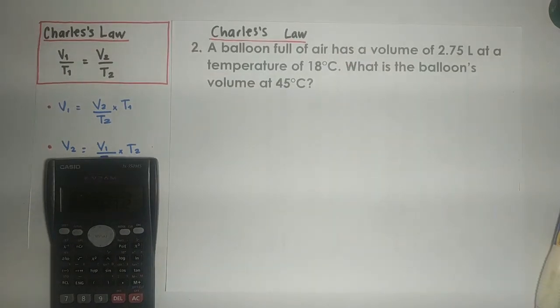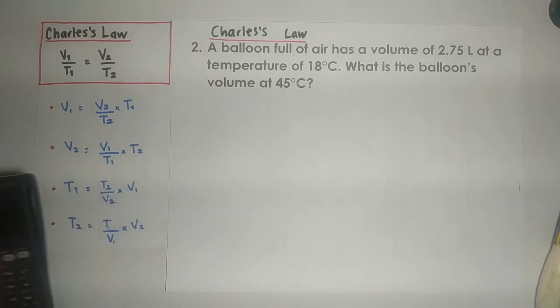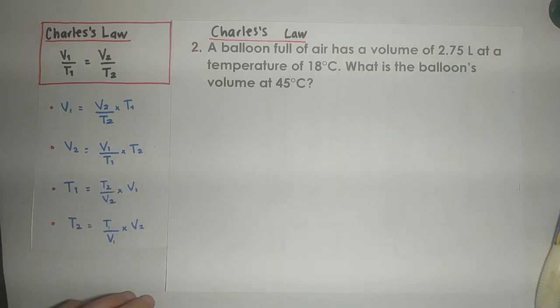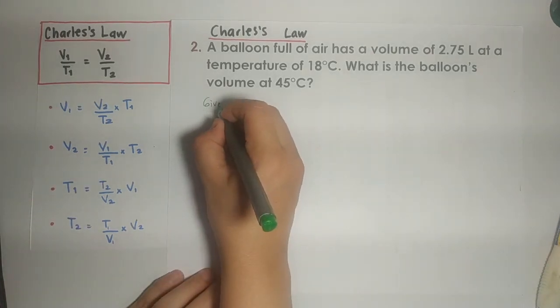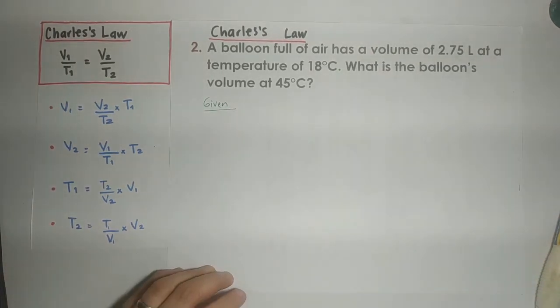Now for the last problem, we have a balloon full of air that has a volume of 2.75 liters at a temperature of 18 degrees Celsius. What is the balloon's volume at 45 degrees Celsius? As I told you before, every temperature in gas laws should be in Kelvin, and we convert Celsius to Kelvin by adding 273. So let's write the givens and identify what is requested.